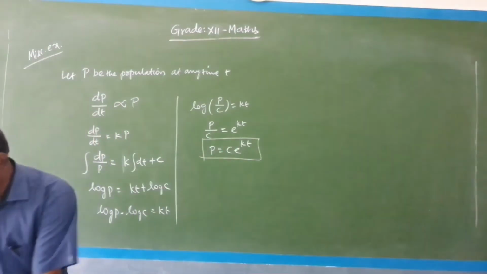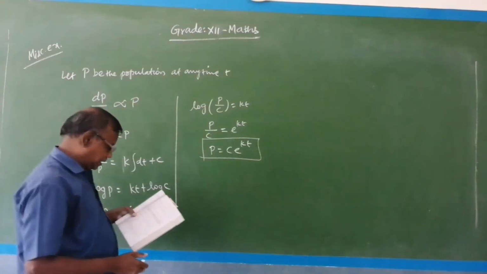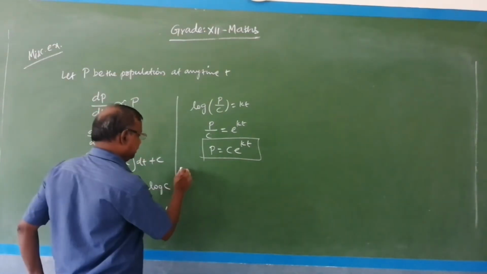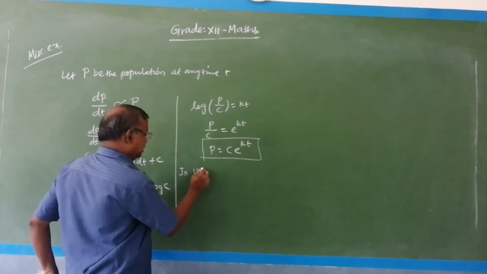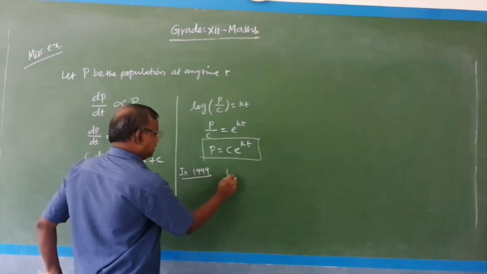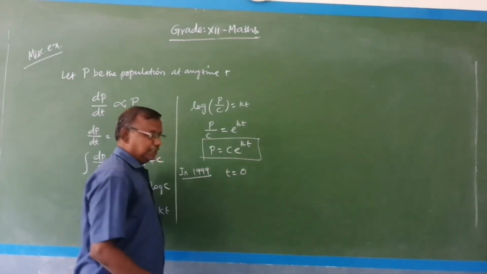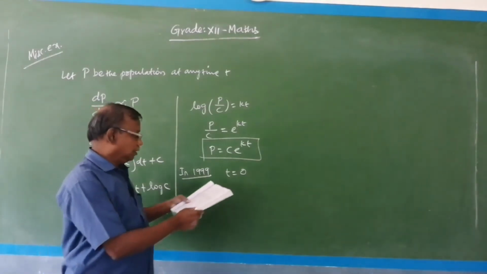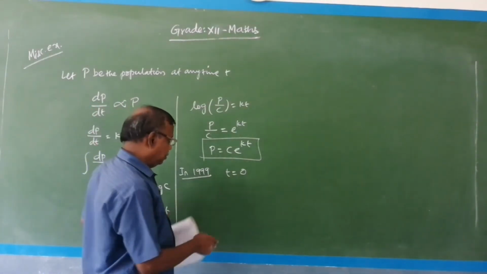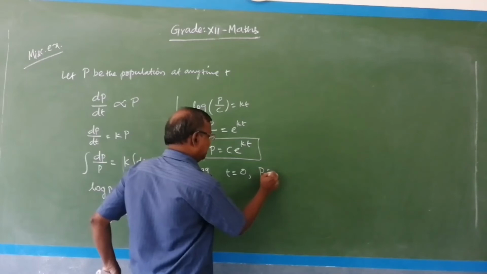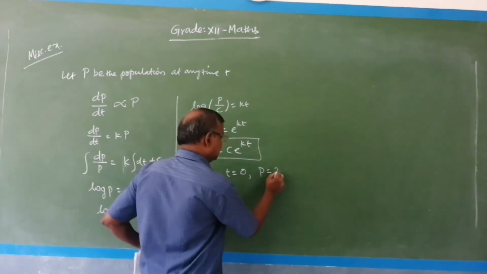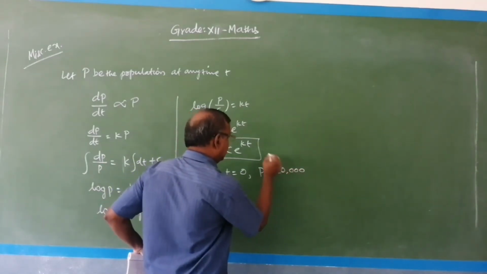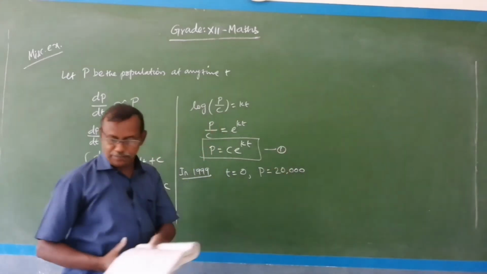Now, initially they had a census in 1999, at the time they started the census. So, the time is taken as 0 and the corresponding population in the city is 20,000. Let us take this as the first equation.